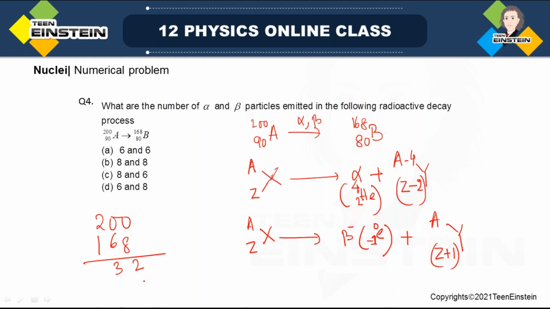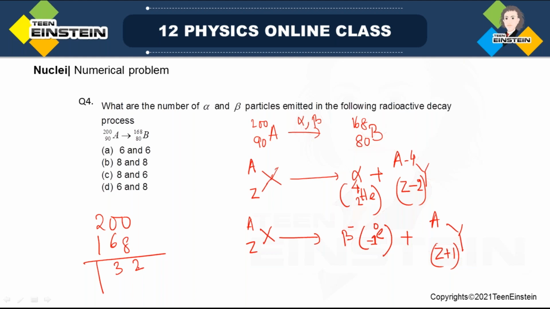So the mass number difference is 32. And this mass number difference is happening because of alpha decay only, because beta decay does not change the mass number.